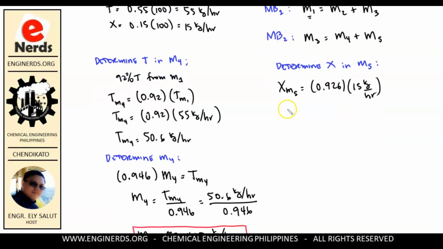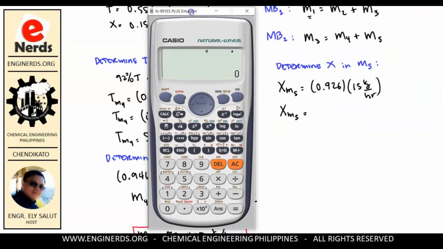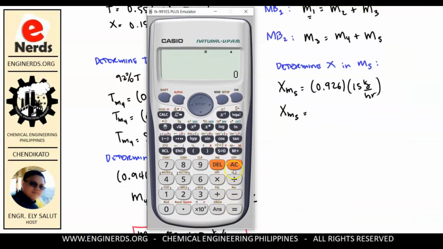Okay, so that means our X in M5 is equal to, let us calculate that here. We have 0.926 times 15, which is equal to 13.89.